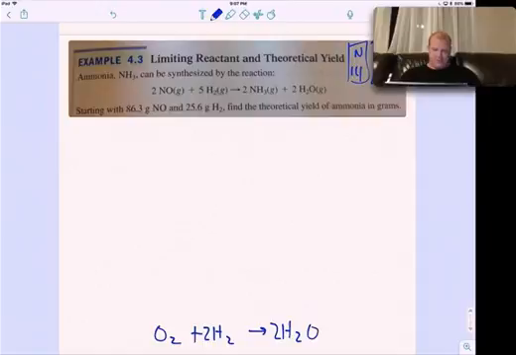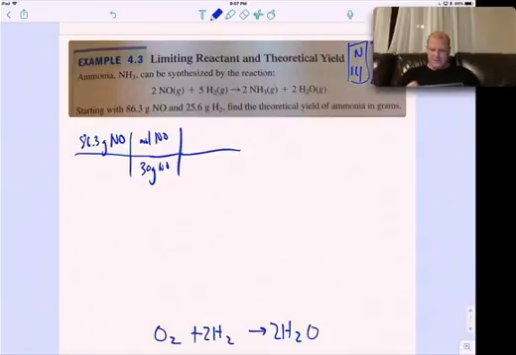Okay, so do both and figure out what the lowest one is. So let's look at nitrogen monoxide. 86.3 grams nitrogen monoxide. And so we're going to convert that to moles. Nitrogen is 14, oxygen is 16. That's 30 grams per mole nitrogen monoxide.